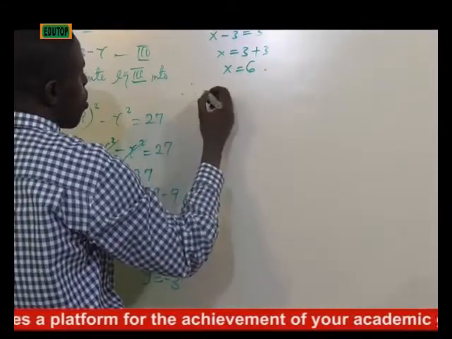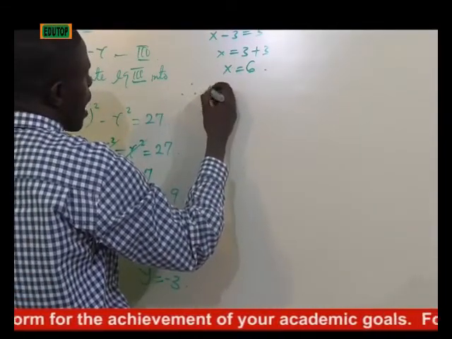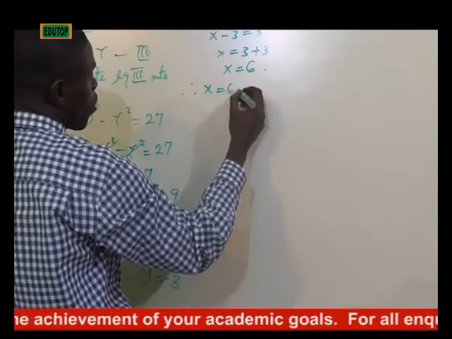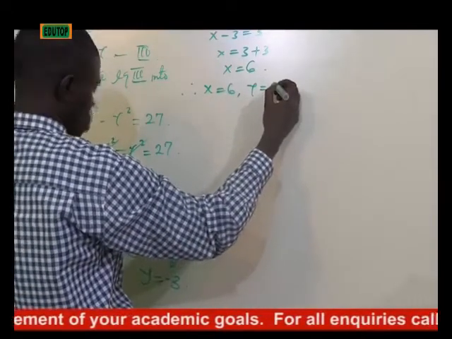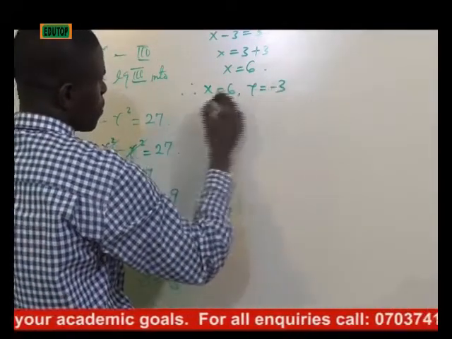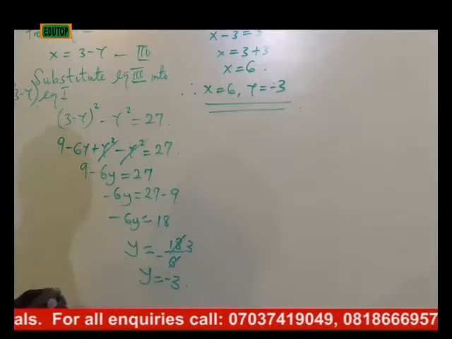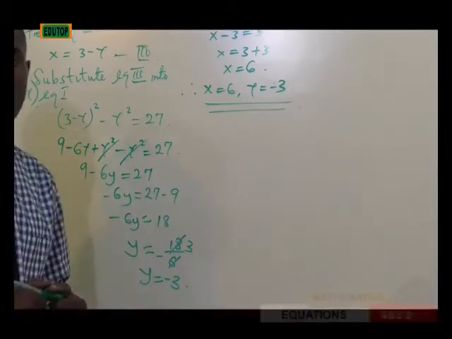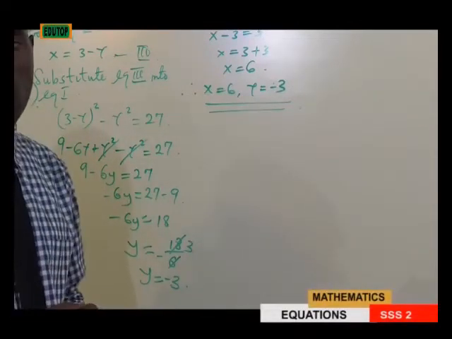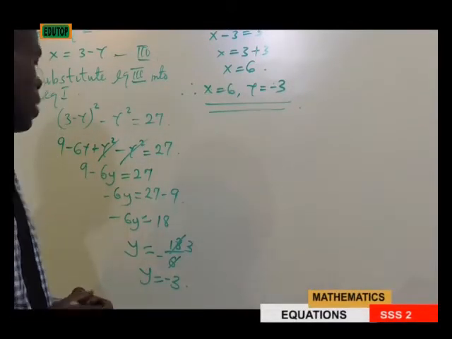So therefore, x equals 6, y equals minus 3.